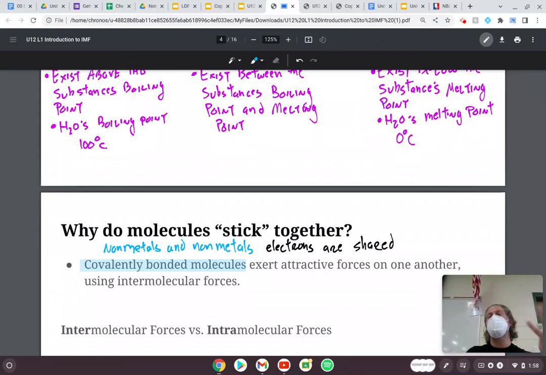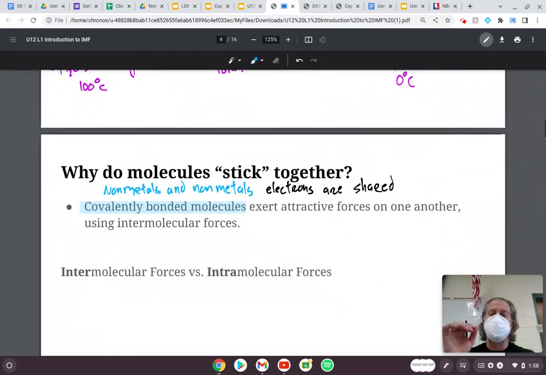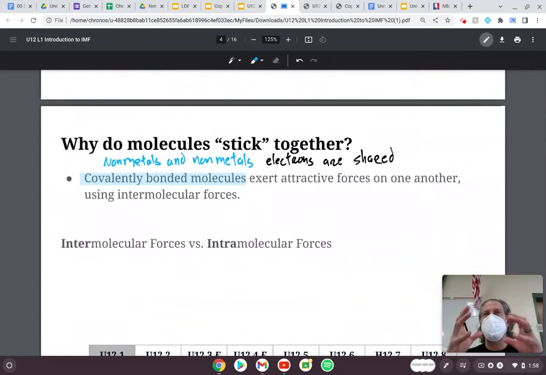They can be shared equally or unequally, and we'll talk about that in a minute. But what really holds molecules together is something called an intermolecular force. It's an attractive force that holds molecules together but doesn't actually bond them together.